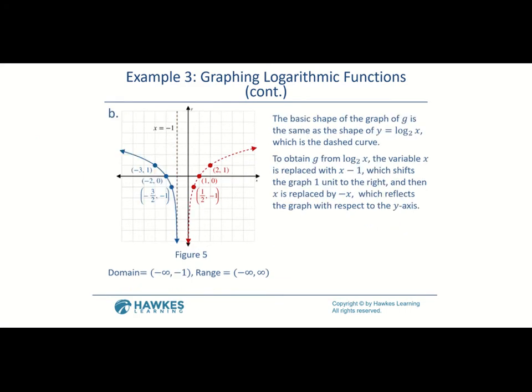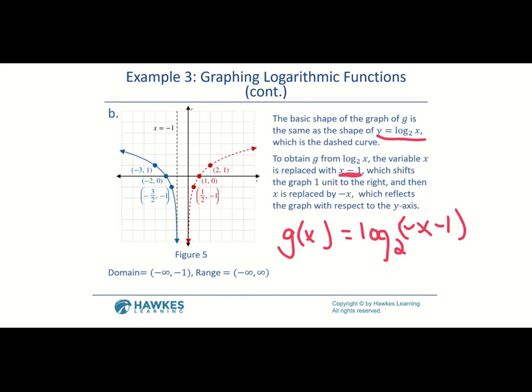All right, and so this one that we're doing is g of x. I'm going to write it over here. g of x is equal to the log of the opposite of x, minus 1, with a base 2. So our original equation, or the one that they transformed, is the log of x with base 2. And so here we are subtracting 1 from the x.